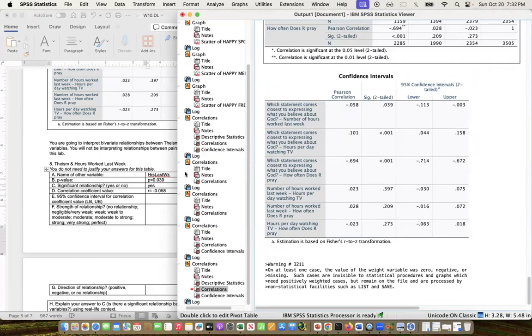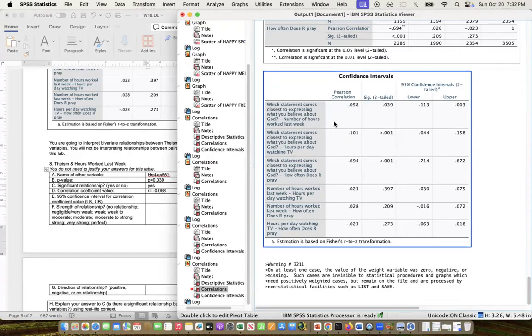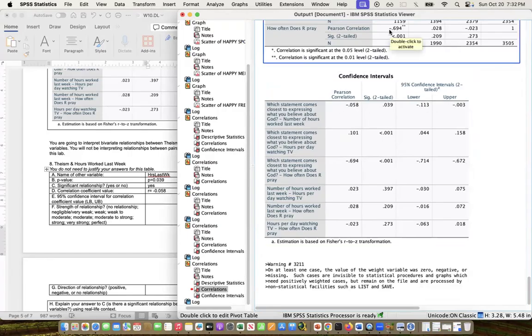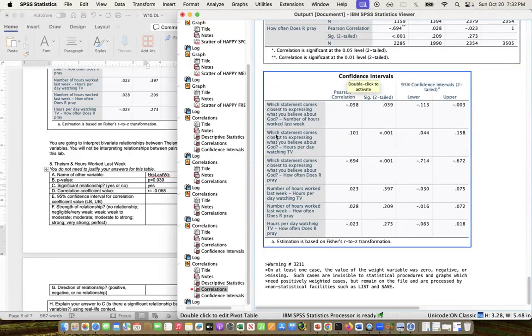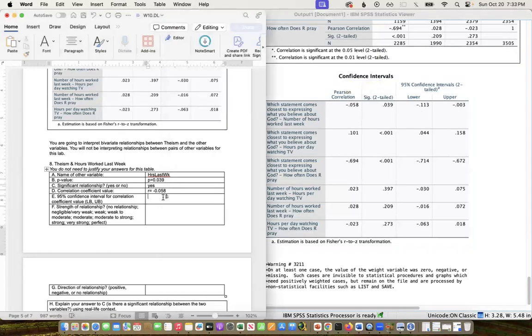So here's that same R, same p-value, and then here's my confidence interval around that R. This is just arranged a little differently than this one, where it's listing both of the variables for the pair. So this is the one I'm looking at here. My confidence interval for that correlation coefficient is negative 0.113, negative 0.003. So actually getting very close to 0, although still significant, right? But we can see the confidence interval is approaching 0.